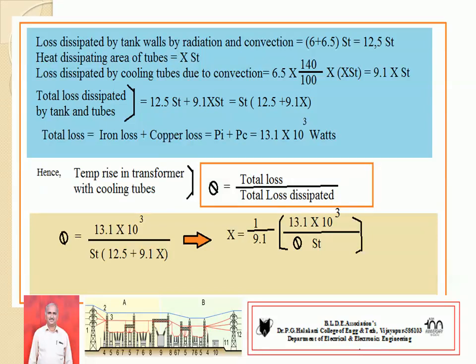In the standard derivation it has been taken as 135 for 35%. That is the only difference. So this value you get as 9.1 x times ST.